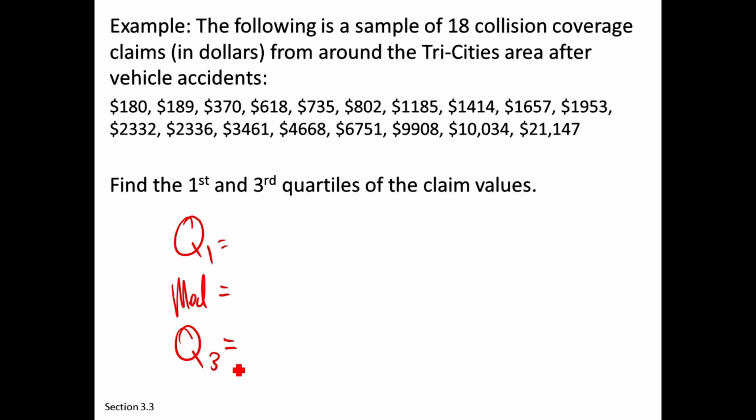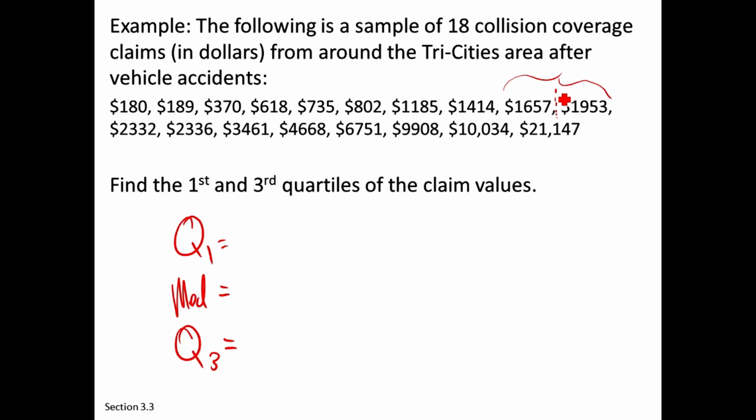If there's 18 claims, then where's the median going to be? 1, 2, 3, 4, 5, 6, 7, 8, 9. There's no actual true median, so what do we have to do? We have to average those. 1805.